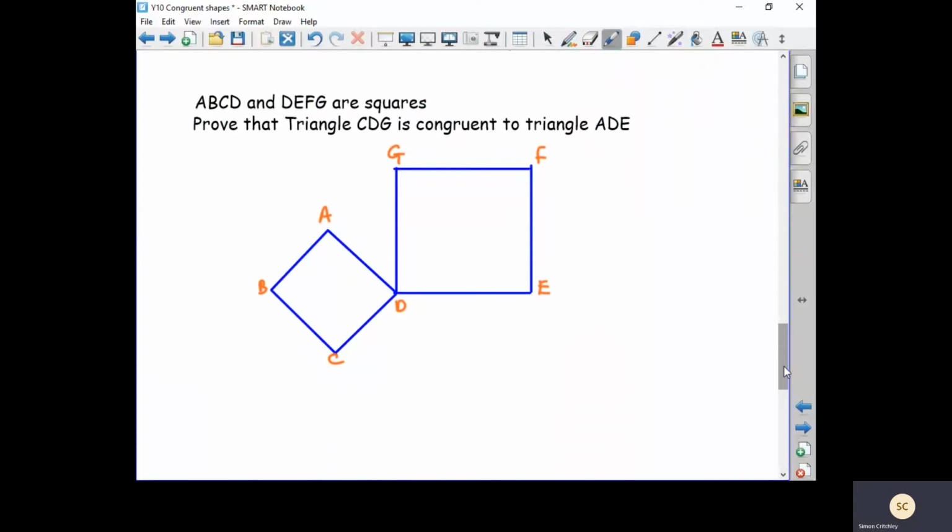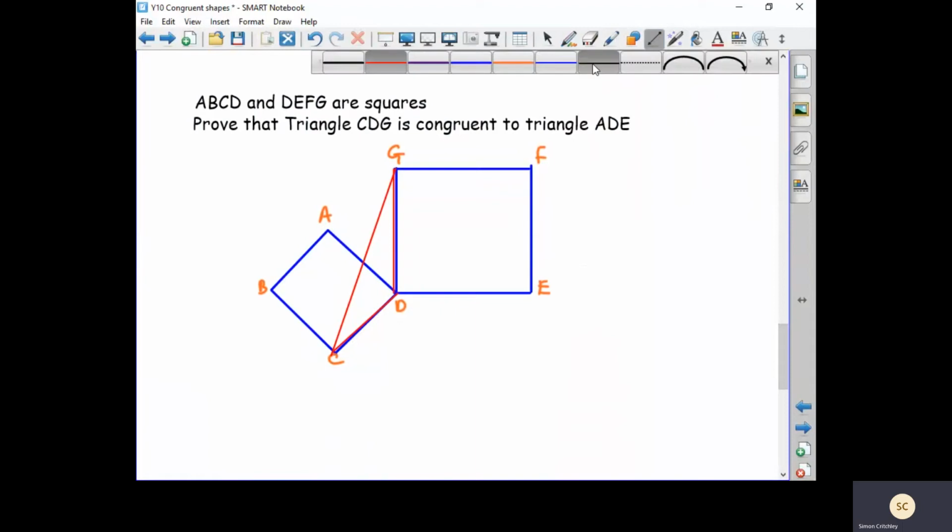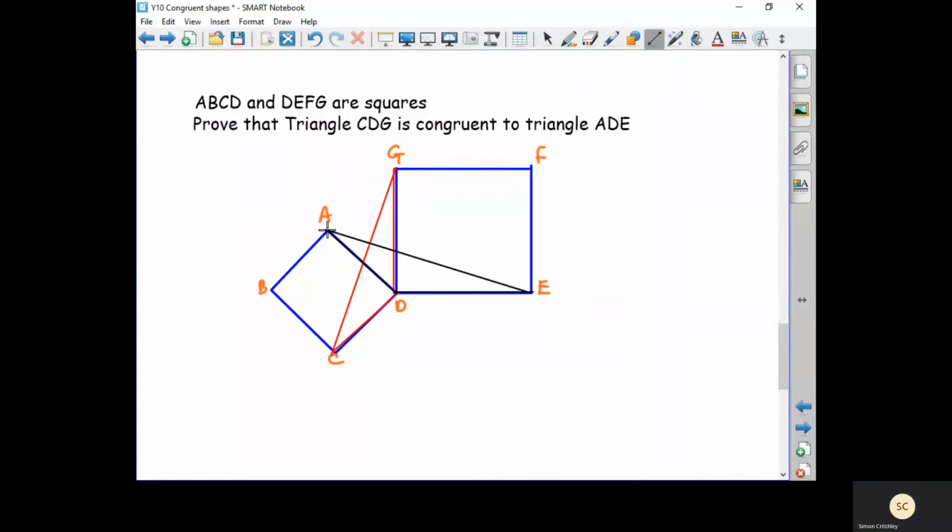We're asked to prove that triangle CDG, I'm going to have to draw that on here, C to D to G, this one up here, is congruent to the triangle ADE. Let's draw that in a different colour. A to D to E. Right, those are the two triangles. Now we've got to try and prove they're congruent to each other.